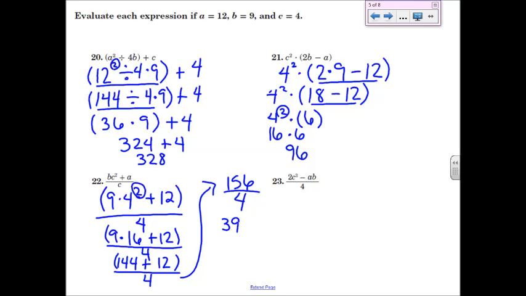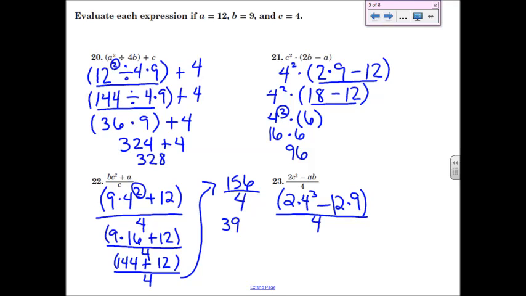23, we're going to treat very similarly. So I have 2 times c is 4 cubed minus a is 12 times b is 9 over 4. So I'm going to pretend like that top part is in parentheses.